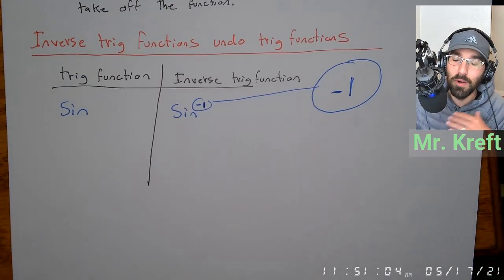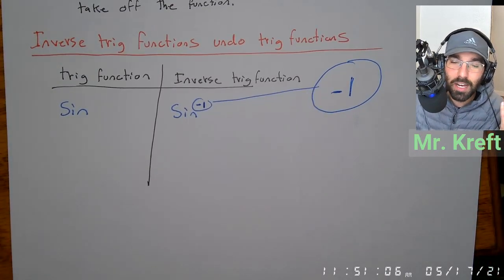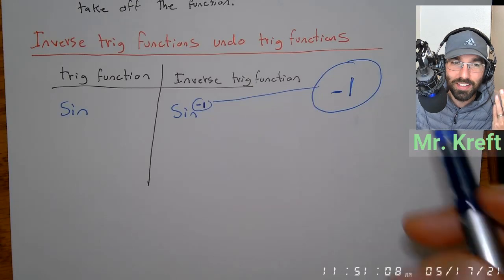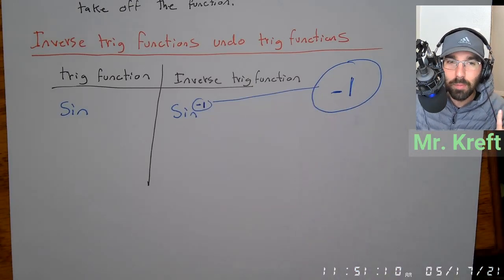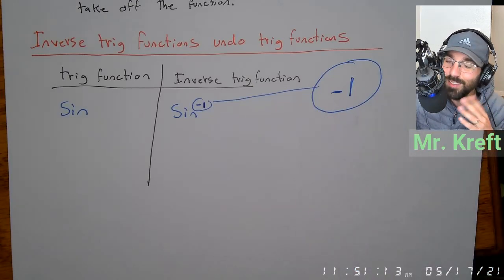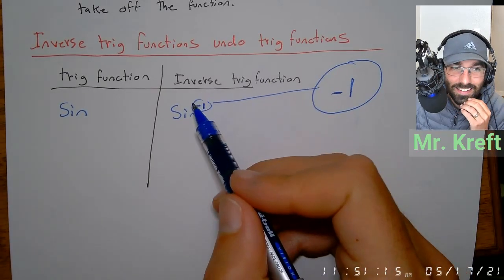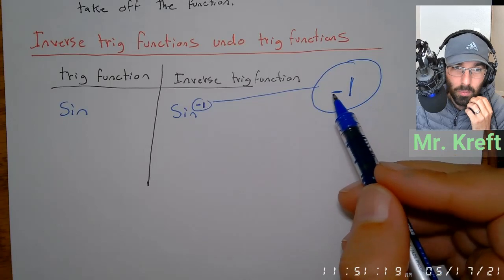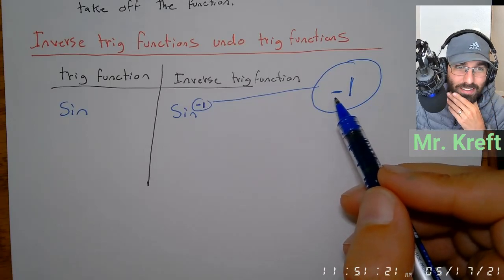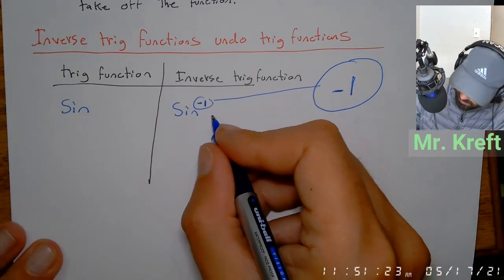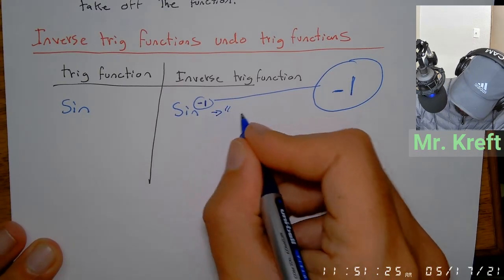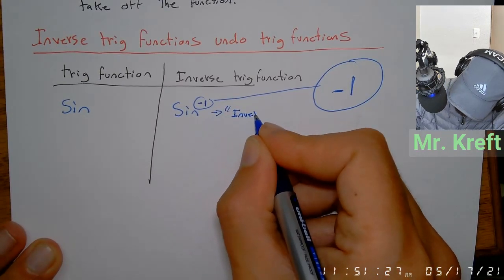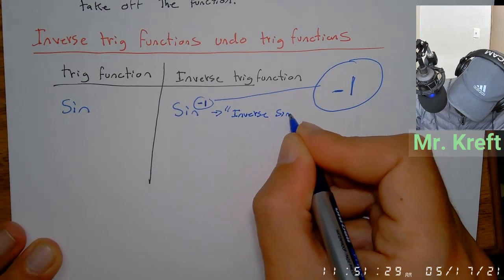If you remember from Algebra 1, anything to the -1 power meant that you flipped it. That's not what we're doing here. This isn't a -1. It is like a 1 with a little lower bar right here. What this means is inverse sine.